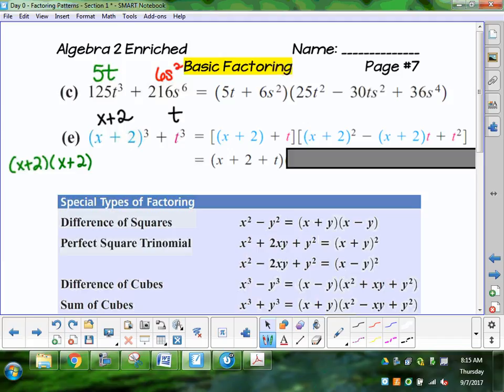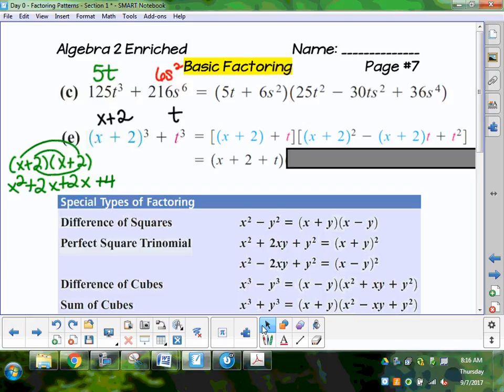First terms, when we multiply them together, are going to give me x squared. My outside give me positive 2x, as do my inside. And then my last terms, they multiply to give me a 4. So really that turns into x squared. I think I combined my terms already.